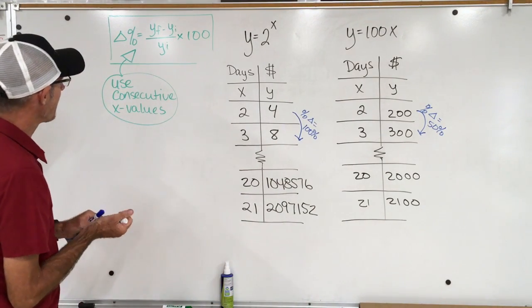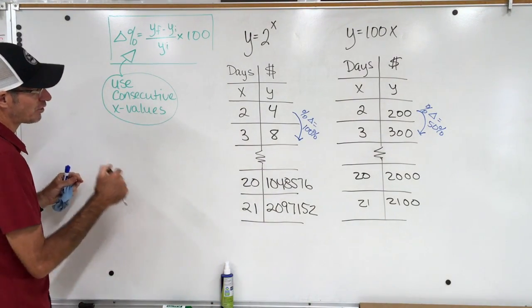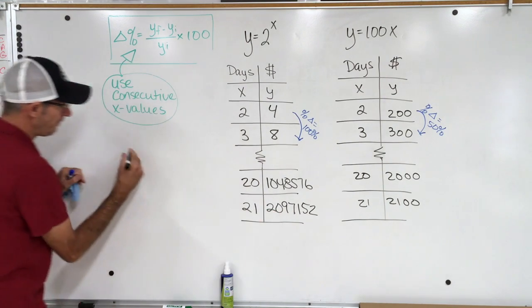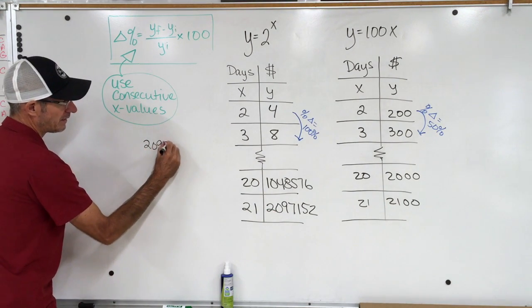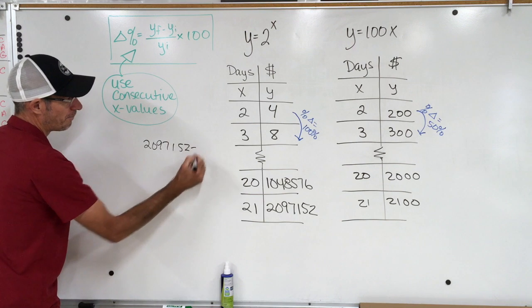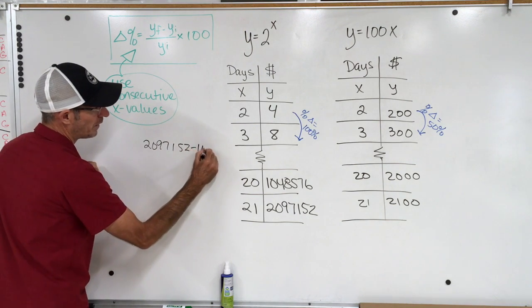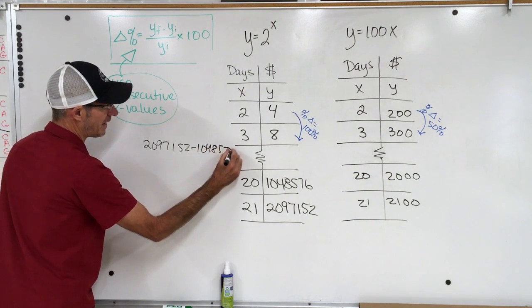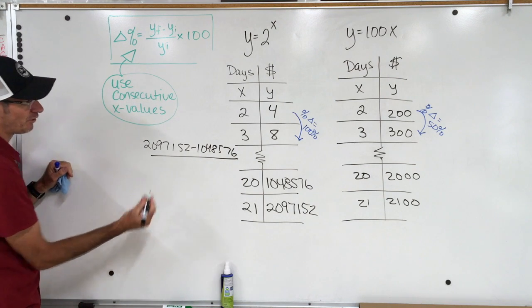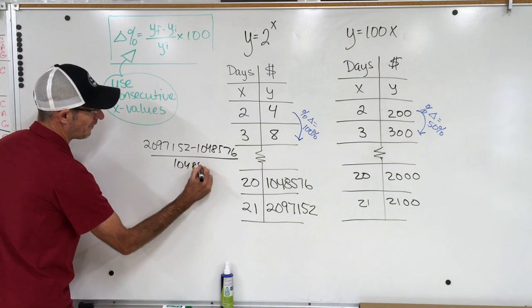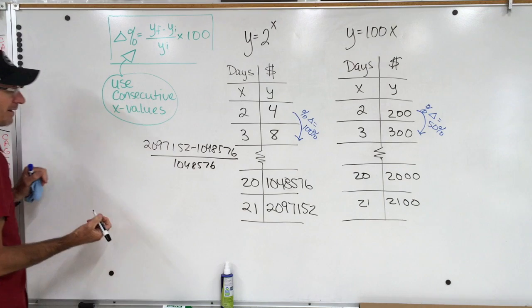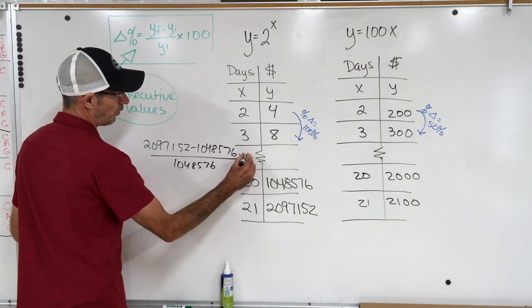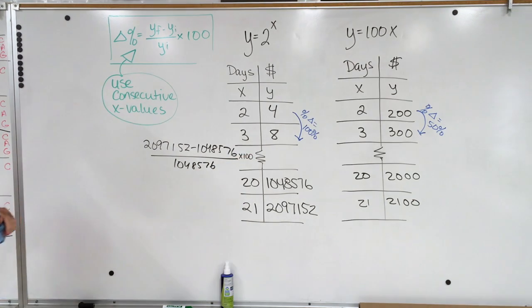So again, to calculate the percent change, you start out with your final value. So you got 2097152 minus your initial value, 1048576, all over your initial value, 1048576. And we're going to need to multiply that times 100 to change it into a percent.